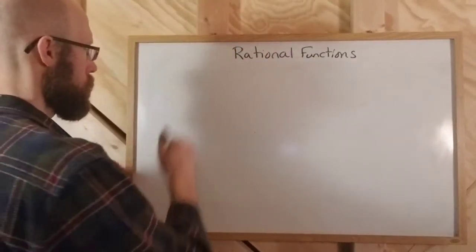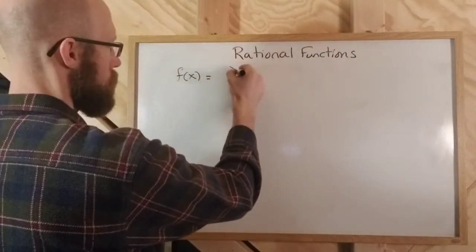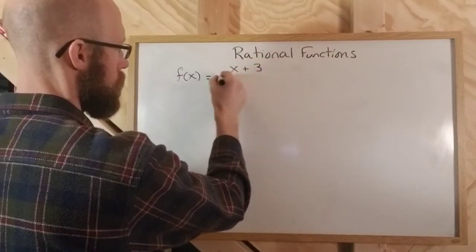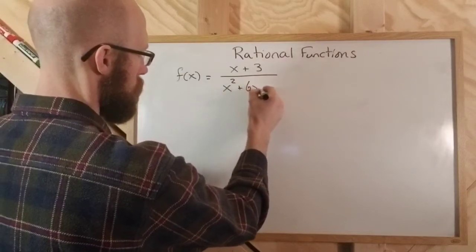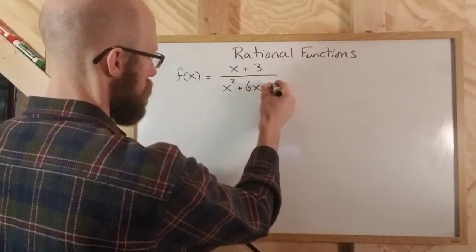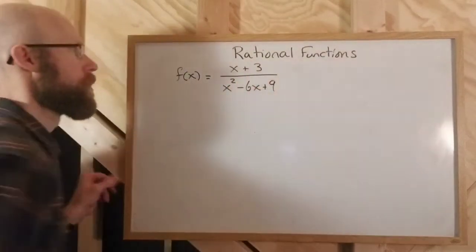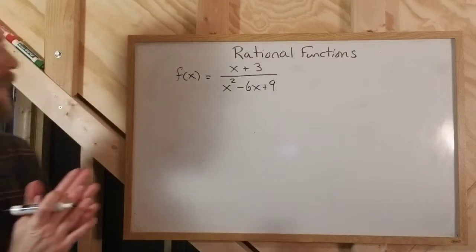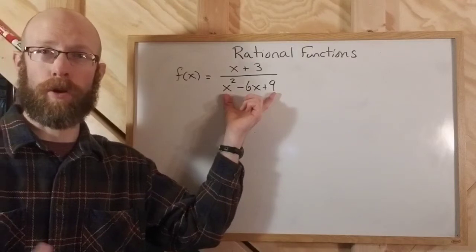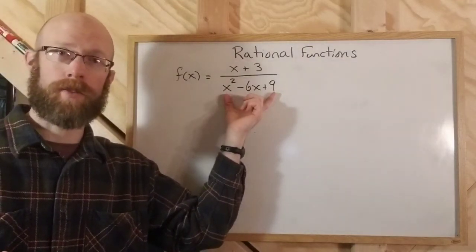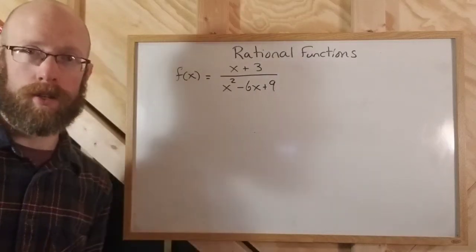All right, if I had a function, we'll call it f of x, x plus 3 over x squared minus 6x plus 9. Well, this denominator is what we call a perfect square trinomial. It factors into x minus 3 times x minus 3, or the quantity x minus 3 squared.